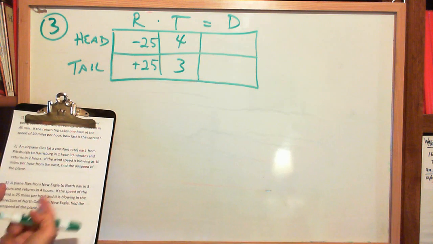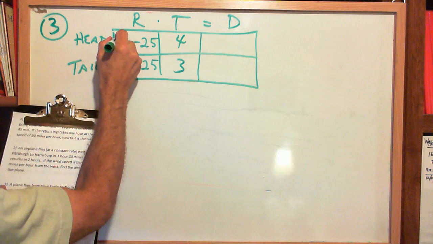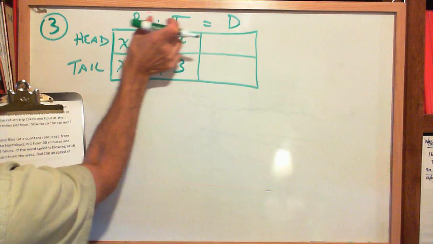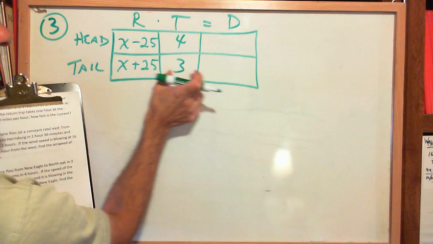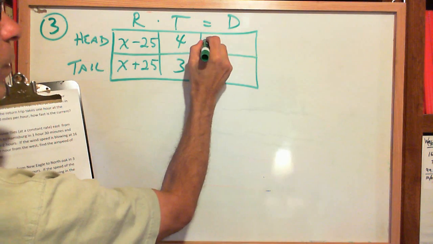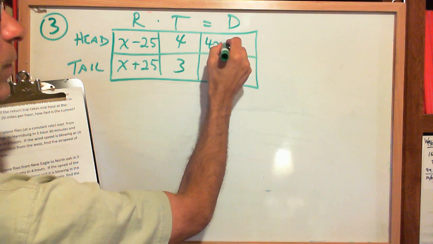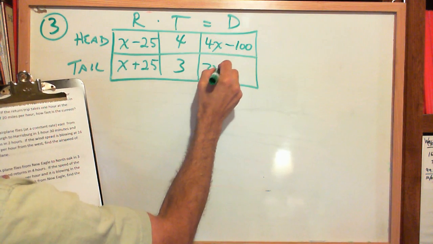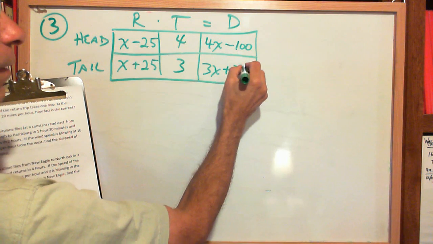They're asking me to find the airspeed of the plane. They're asking me to find this. Well, that's x. So, now I just use rate times time equals distance. This times this equals this. This times this equals this. So 4 times x is 4x. 4 times negative 25 is negative 100. 3 times x is 3x. 3 times 25 is 75.